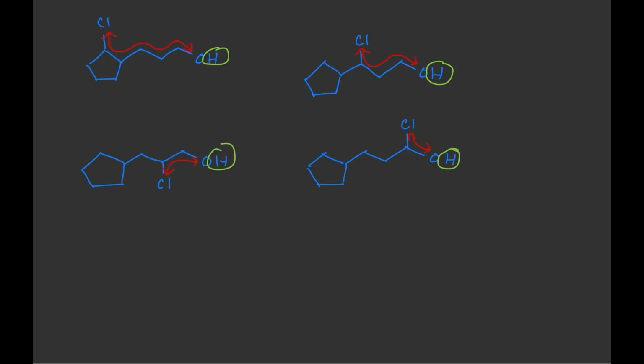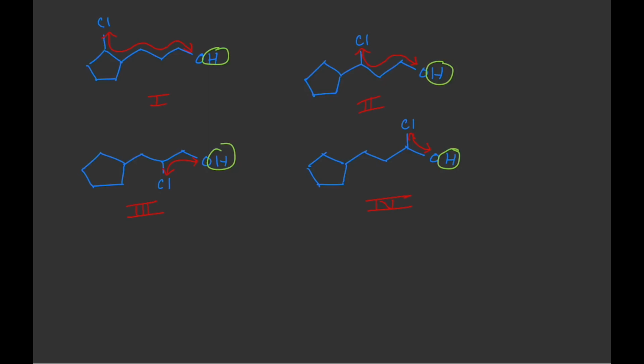So if we were to label these as 1, 2, 3, and 4, and we were to order them, we're going to order them with the most acidic being the compound where that electronegative atom is the closest to the proton that is leaving, and the least acidic is going to be where the electronegative atom, our chlorine, is farthest away from the proton that's leaving.